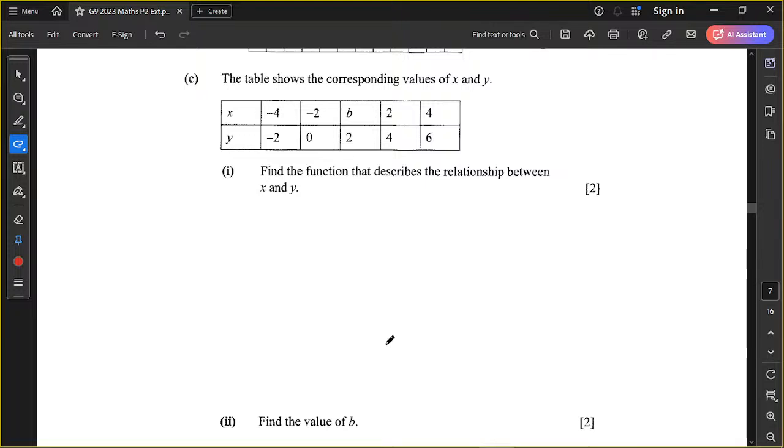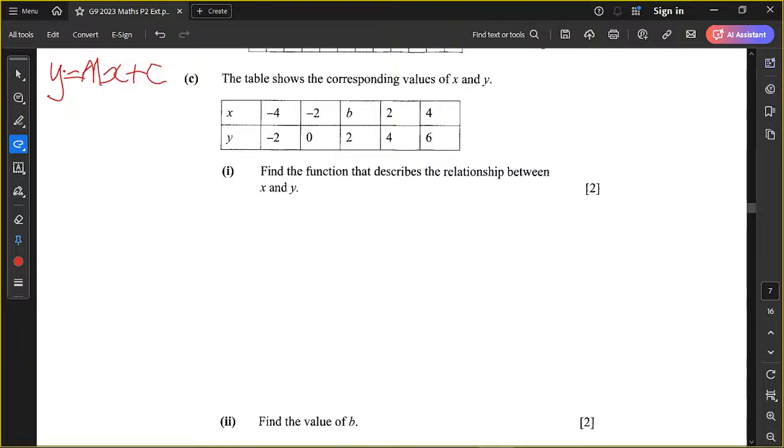Here there are a lot of calculations that are supposed to be done, so for the sake of space, we'll start from here. We are going to write a function which is y equals mx plus c.